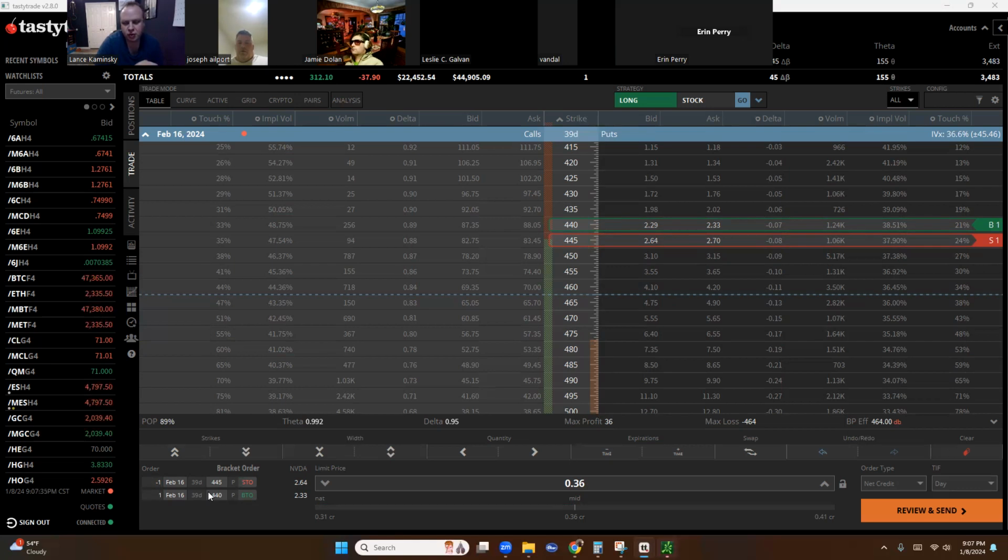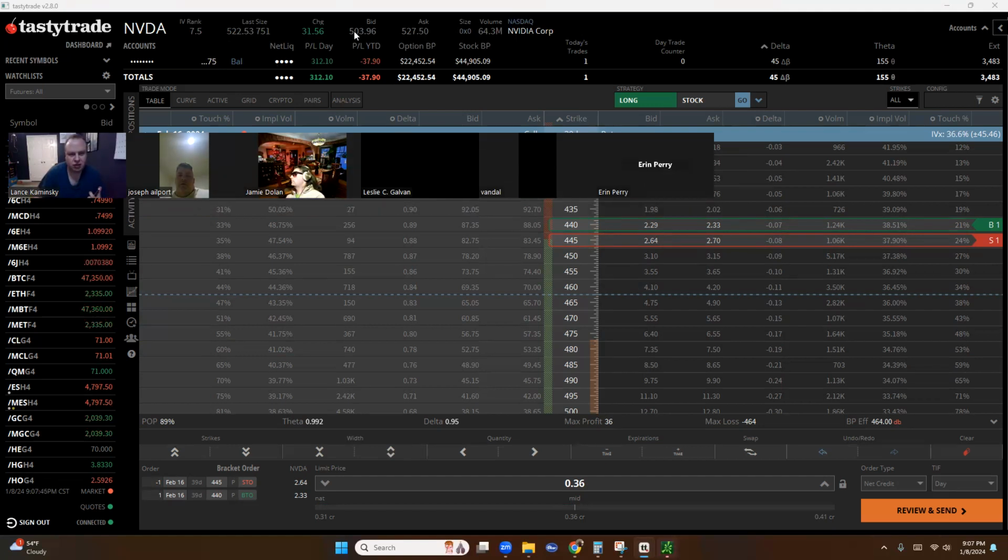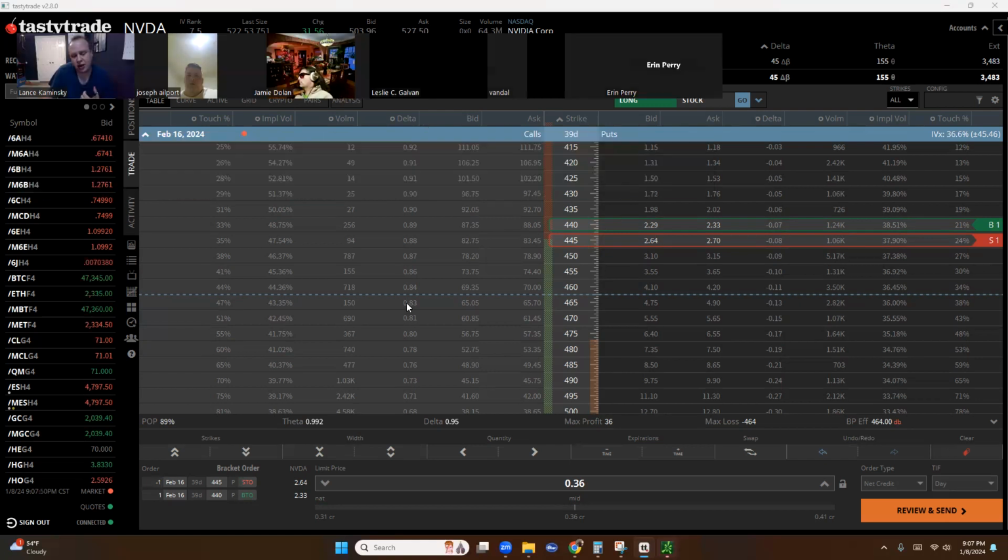The reason why we do this is we could just sell the 445 put. Right now, Nvidia was around 520s or so. It's a big bid-ask right now. Let's just say it's around 510 or so. The odds of it going down to 445 in the next 39 days is relatively low. It's near an all-time high right now, and it's going to have to drop quite a bit to get to 445.